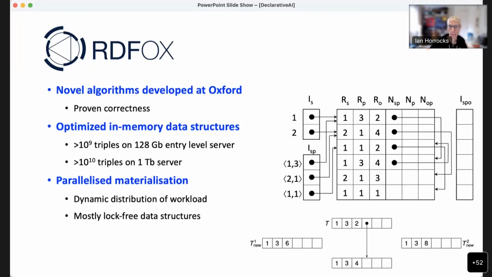If you look at this data structure here, you can see that the NSP list has this 132 triple, and then the next triple is 134. But say two of the threads want to insert new triples after this 132 triple.